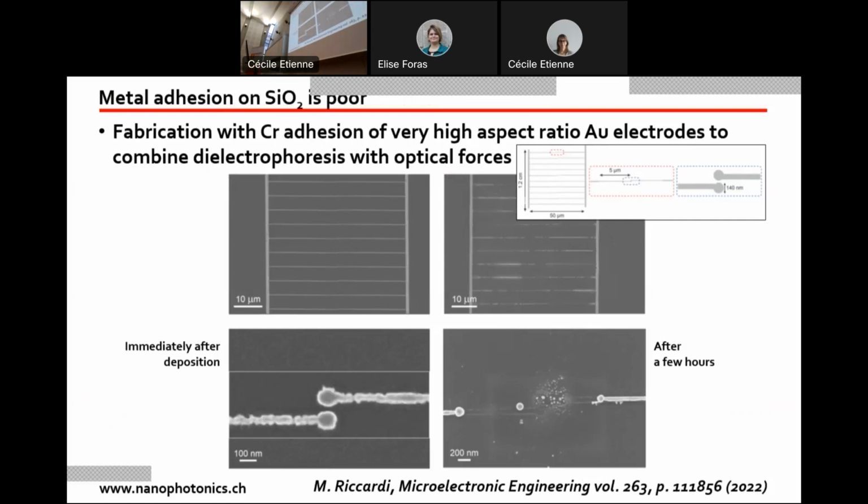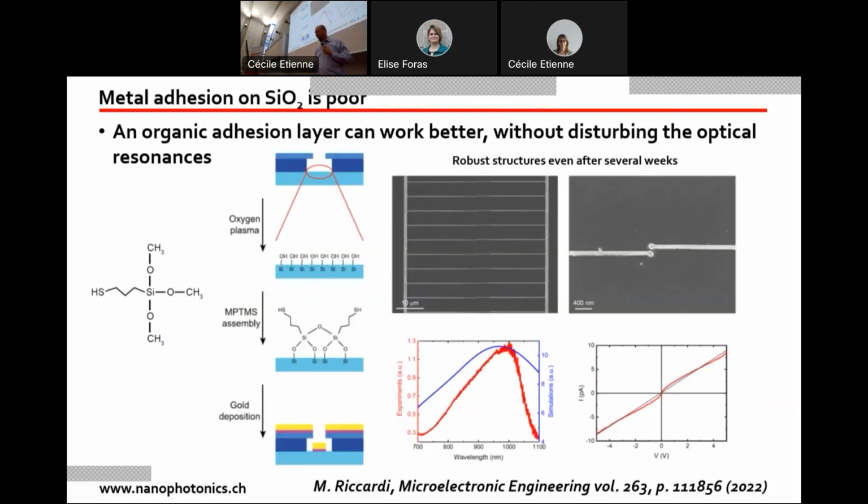Okay, we want to have good optical response, so we need a very small structure here. This is very small because it needs to have a well-defined optical response. And this is very long because we want to connect to a current source.